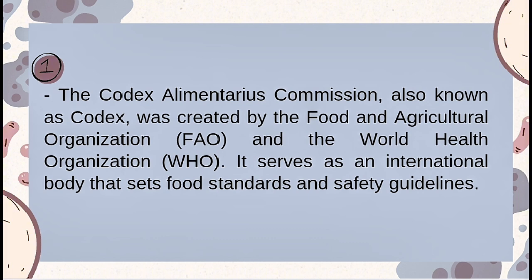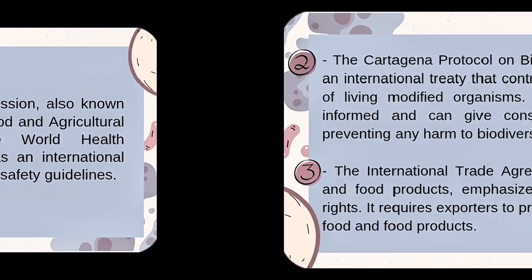It serves as an international body that sets food standards and safety guidelines. These include checking for possible allergenic reactions, toxic effects, and nutritional changes caused by genetic modification. Although the Codex principles are not legally binding, they serve as a global reference for countries to create or improve their national food safety regulations.